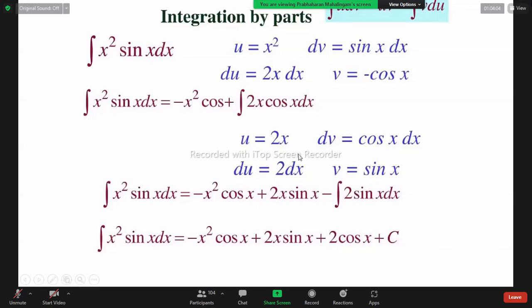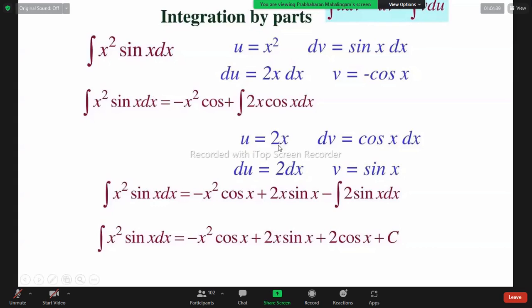So here what they do. Okay, this is the first, x square sin x into dx.